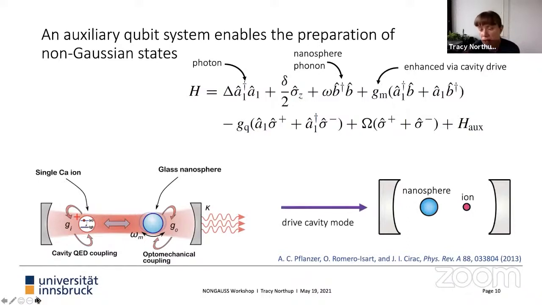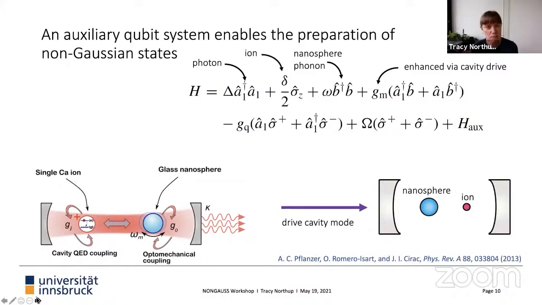And now there's a coupling here between the photon and the phonon, and that's now enhanced via this cavity drive. So again, we're going to use this trick of driving with a classical field, and that's what I've illustrated in the cartoon on the right-hand side below.